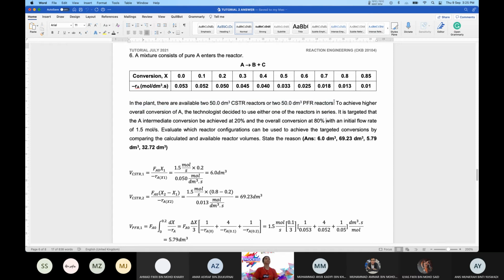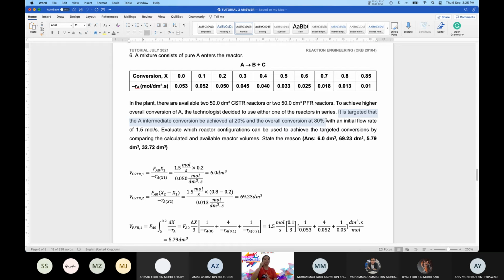To achieve a higher overall conversion of A, the technologists decided to use either one of the reactor configurations in series. Imagine you are the technologist, you want to use either configuration: either 2 CSTR or 2 PFR in series, and these four reactors we already know the volume. It's targeted that the intermediate conversion of A is 20% and the overall conversion is 80%.